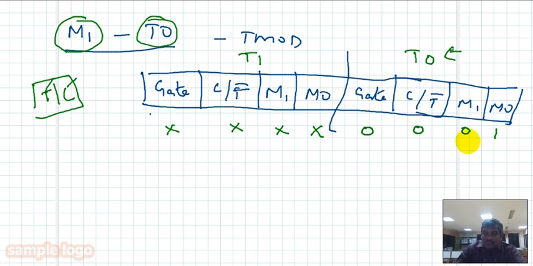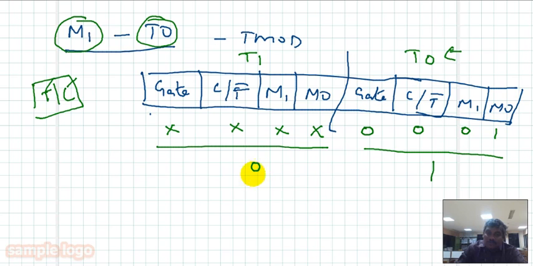For mode 2 it is 1 0, for mode 3 it is 1 1. But we are going to use only mode 1, so it is 0 1, and these values are don't care. We are not going to use timer 1. So by default we can assume all don't care values are 0, so the TMOD value will be 01H.